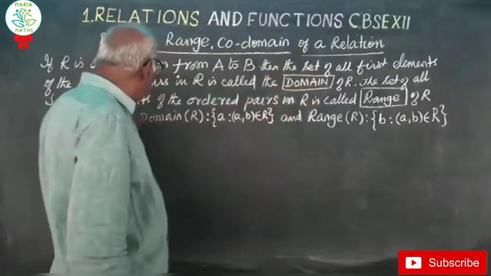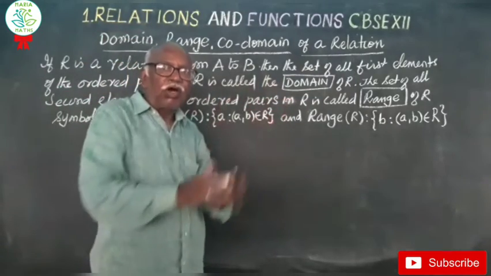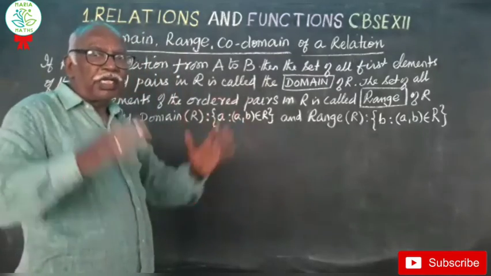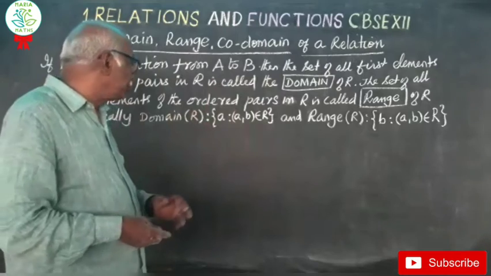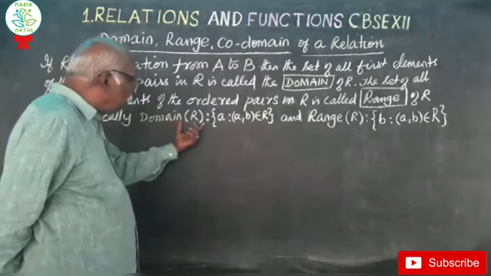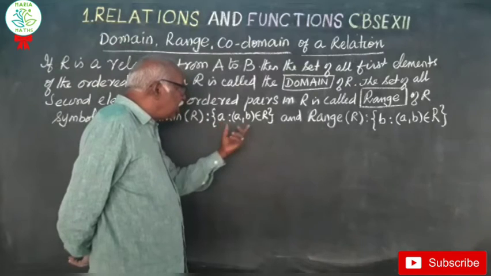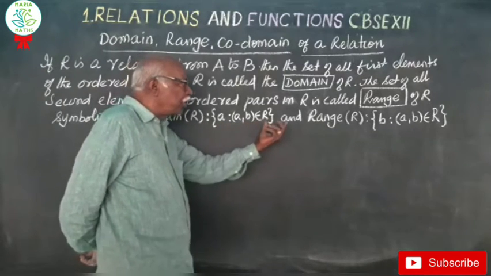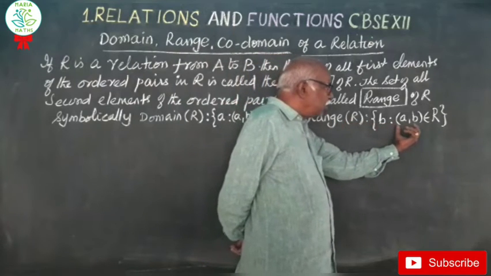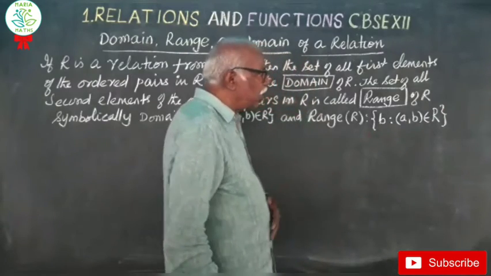The set of all second elements of the ordered pairs in the relation is called the range. Symbolically, domain of R is the set of a such that (a, b) belongs to R, and range of R is the set of b such that (a, b) belongs to R. That is symbolically. We will do it by an example.